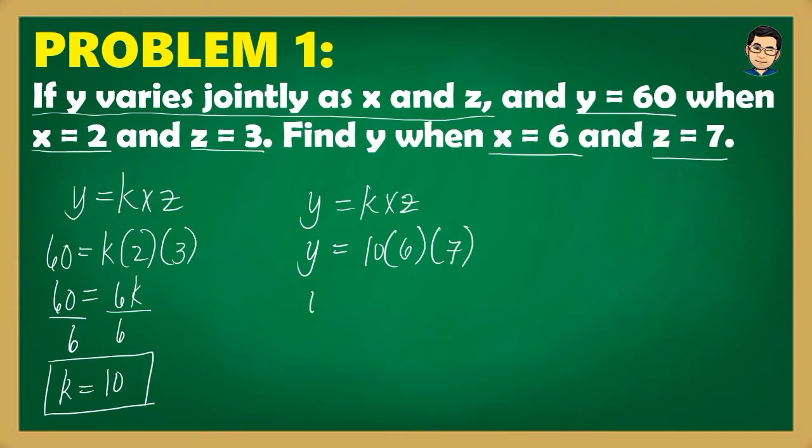And then, i-multiply lang natin yung tatlo: 10 times 6, that is 60, times 7, that is 420. This means that the value of y is equal to 420 when x is equal to 6 and z is equal to 7. Reminder, we won't be able to determine the value of any variable kung wala po tayong constant of variation, wala po yung k.